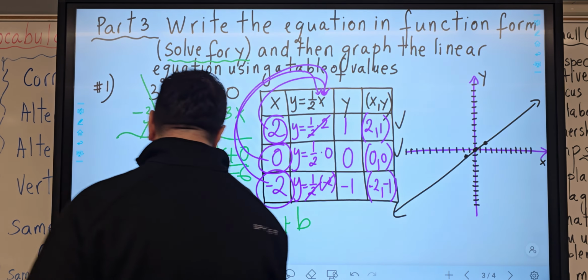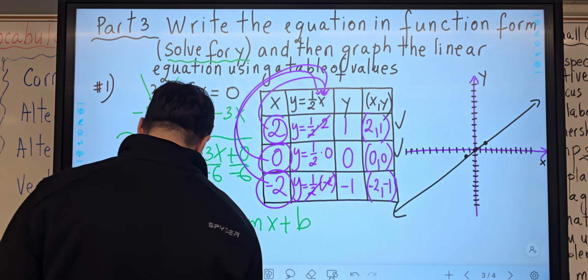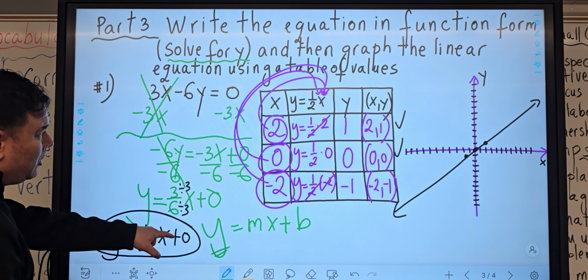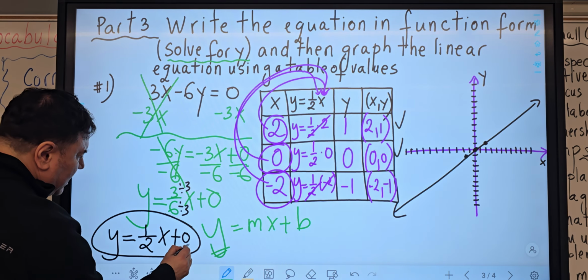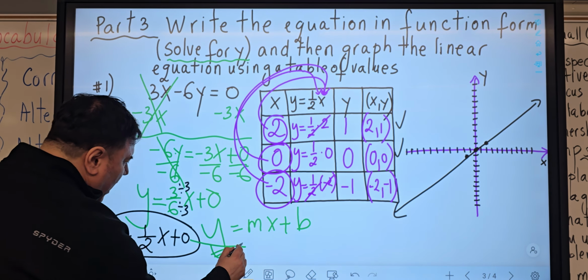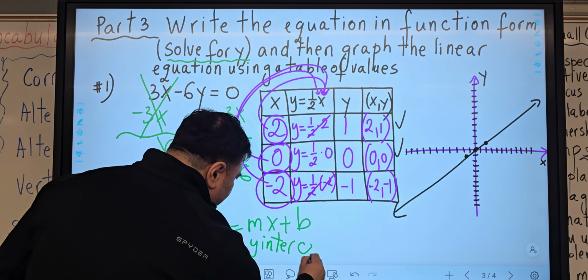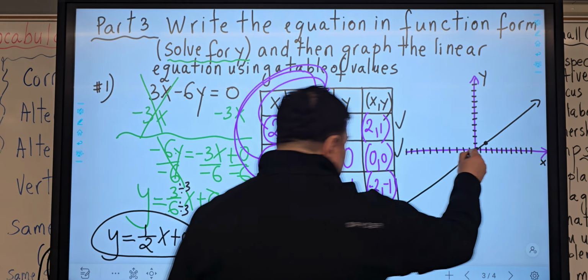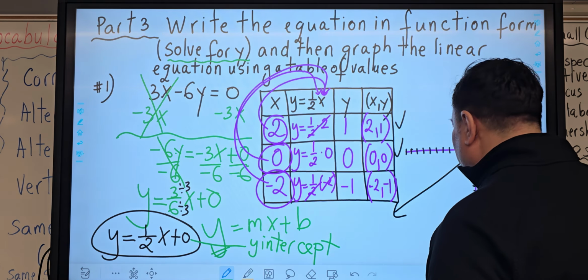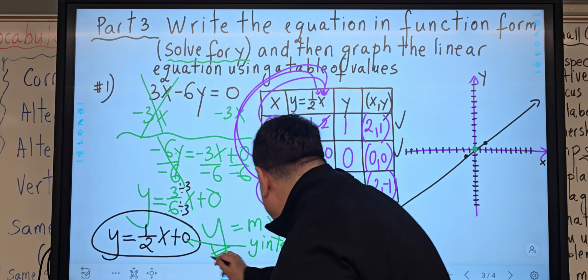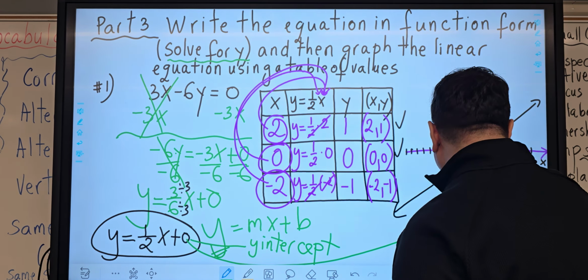Okay? And also now, as we look at this problem, we see this 0 here represents the y-intercept, right? This is the y-intercept right here. This is 0, 0. This 0 here is the y-intercept.